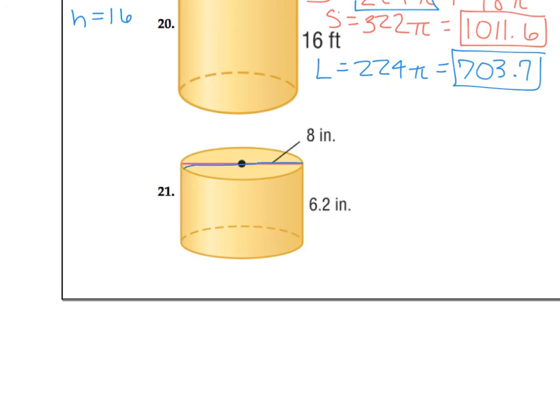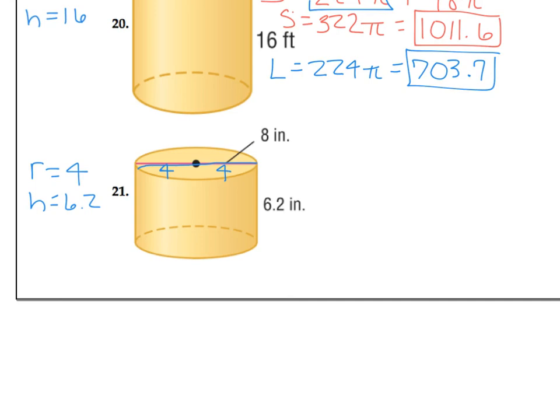When you see something like that, with a number there or a line pointing with a number, that means the whole thing is 8. So our diameter is 8, which means our radius is 4. We cut that diameter in half. So our radius here is 4, and our height is 6.2.